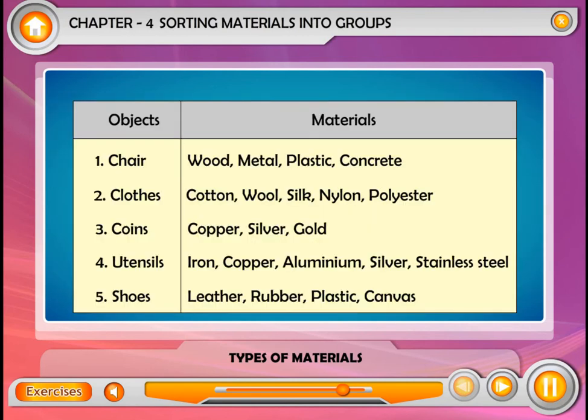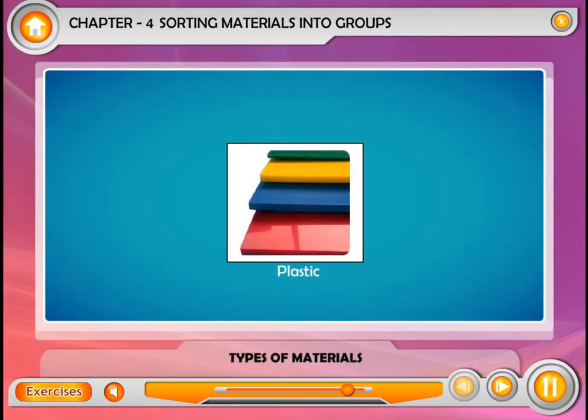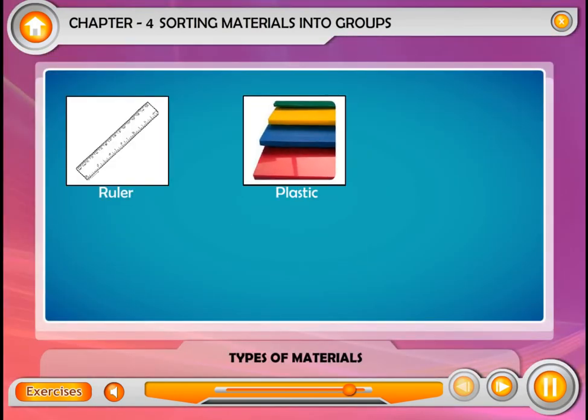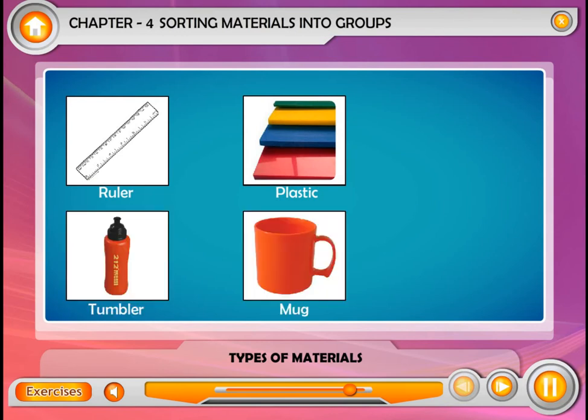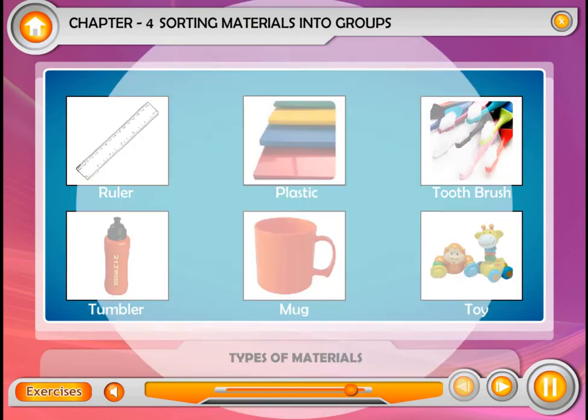Now look at the table given below. It consists of names of 5 more objects which are made from different kinds of materials. Plastic is a material which can be used to make different kinds of objects like ruler, tumbler, mug, toys and toothbrush.